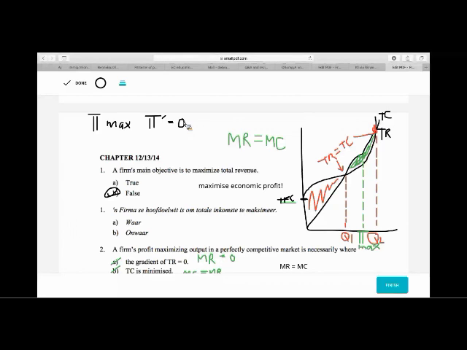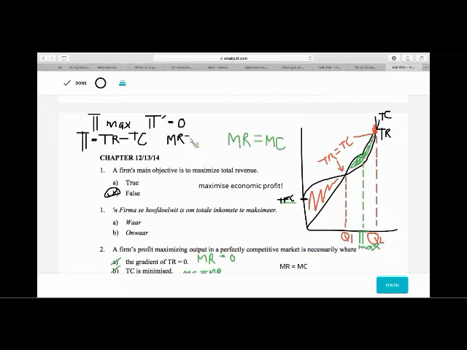So the first derivative of profit, I'm going to get by using this function. Profit is equal to total revenue minus total cost. Okay, that's how we calculate profit. The first derivative of total revenue is marginal revenue. The first derivative of total cost is marginal cost.